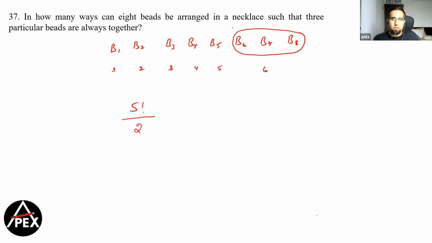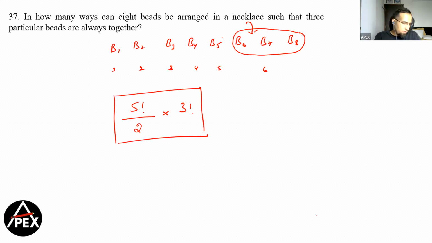External arrangement. Now these 3 beads can arrange themselves in 3 places. Can I say in 3 factorial ways? So our answer becomes 5 factorial by 2 into 3 factorial. Is this point clear, guys? Quick responses, please.